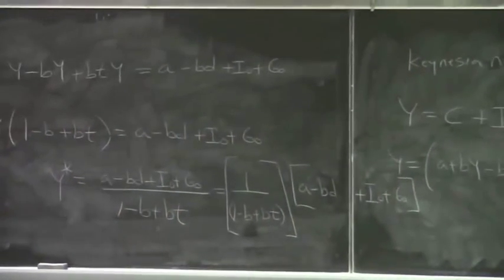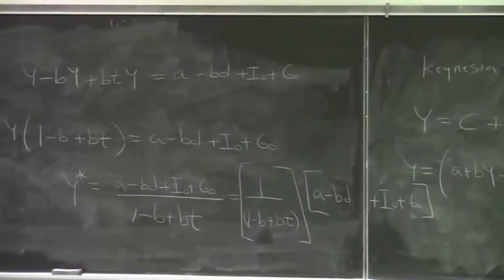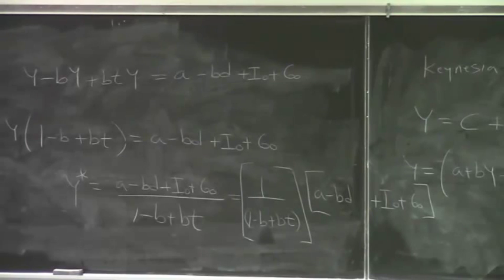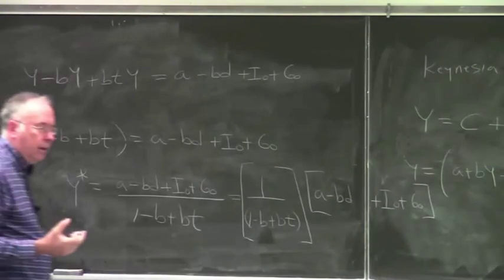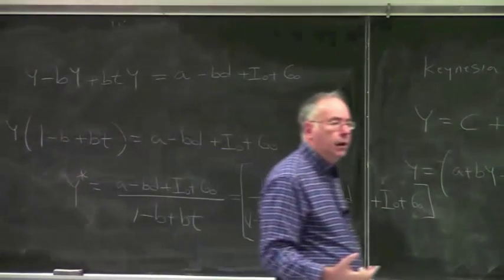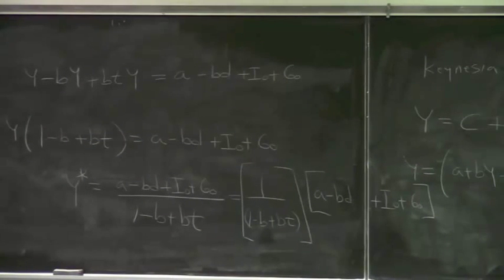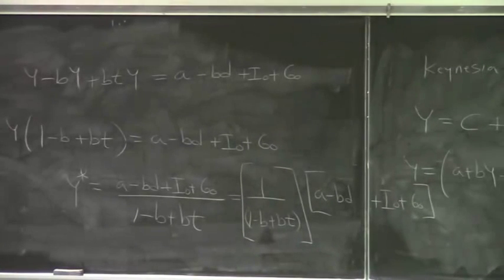Okay. Now, what is the multiplier in this model? 1 over 1 minus B. Exactly. And is it, tell me your name again?